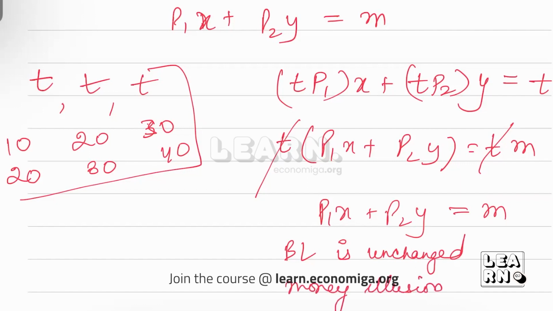Illusion is something that you think is correct, but it's not correct, right? You think that prices of both goods have increased, so you will be consuming less of them. But all of a sudden you realize that the budget line is exactly the same because your money income also increased, right? So this is an illusion that the market gives you.